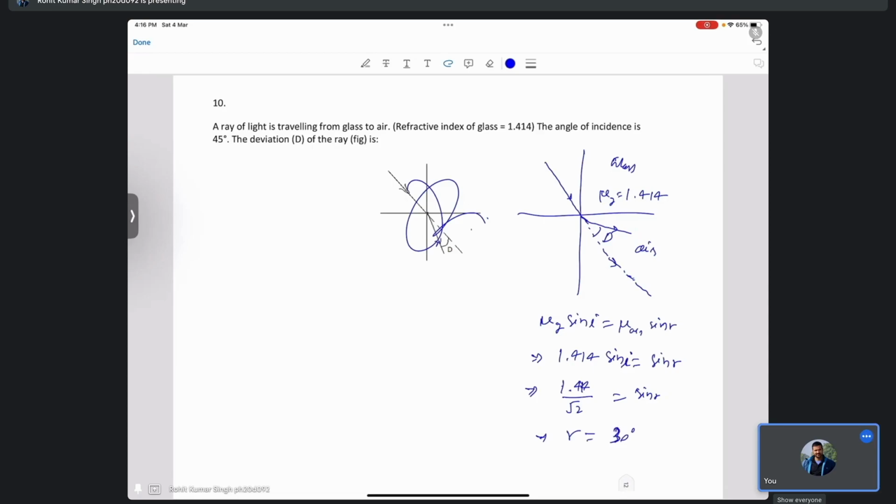So now you know this angle, right? And we have to find this angle. So what should you do?